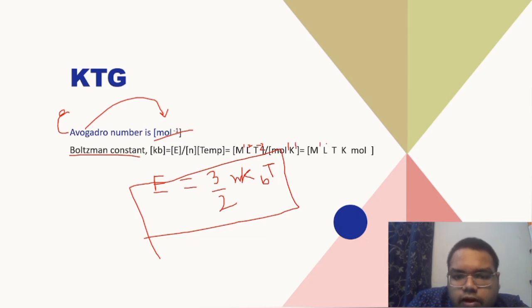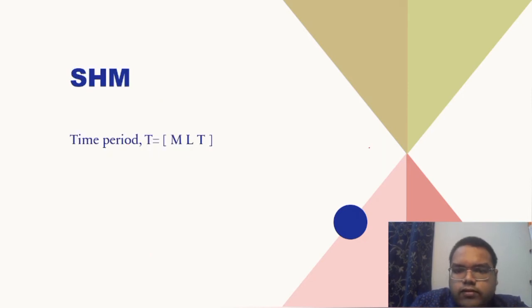It will be M to the power 1, L square, T to the power minus 2, K inverse, mole inverse. Done.